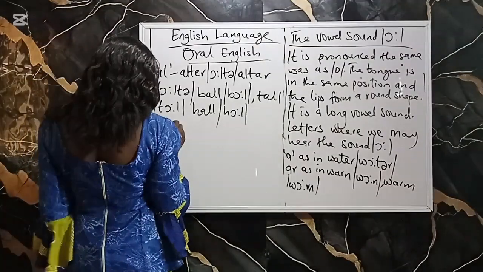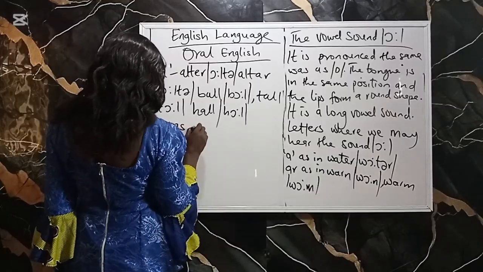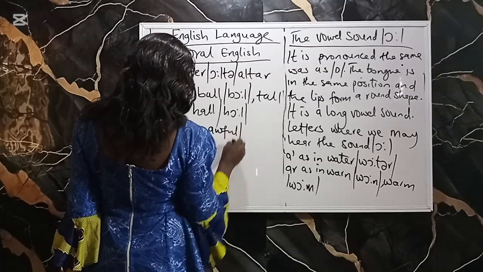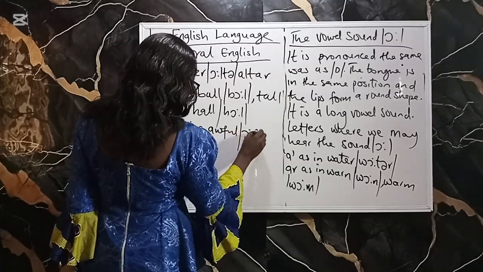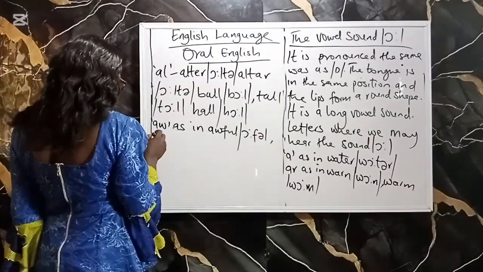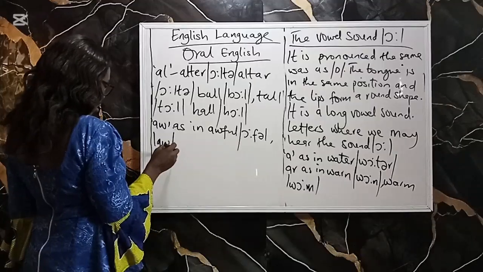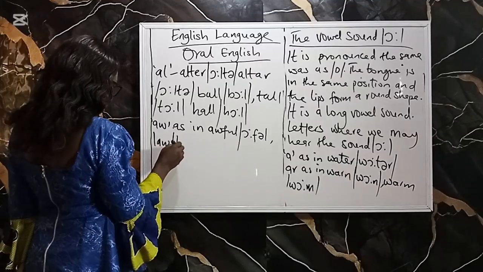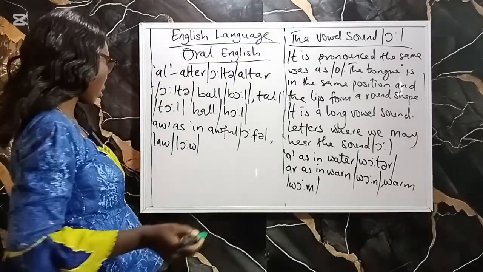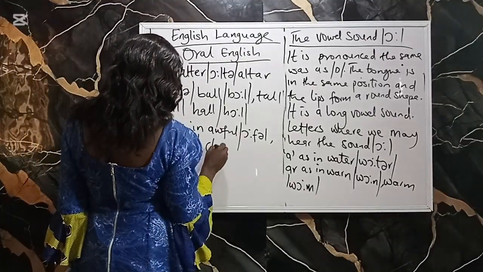Then apart from AL, you can see it in AW. And under AW, we have awful. Then we can also hear it in law. Law. Also hear it in claw.